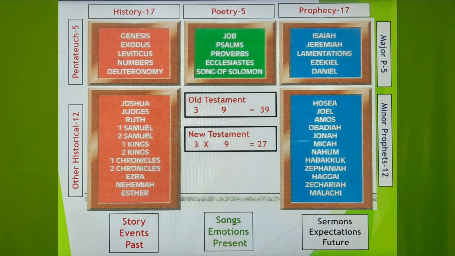They are always saying what is happening the next day or next month or next year or after 2000 years. So this is the structure of the Old Testament, and we will be mainly dealing with the 17 historical books, and all other books come inside those 17 books. That is interesting. It's easy.